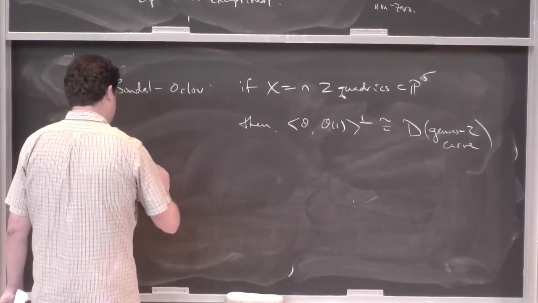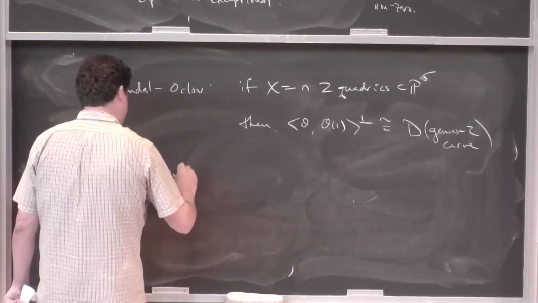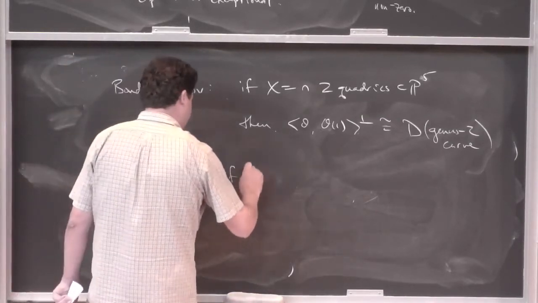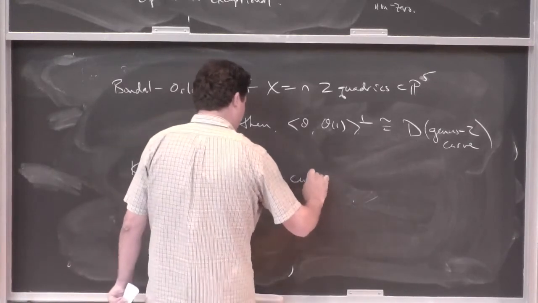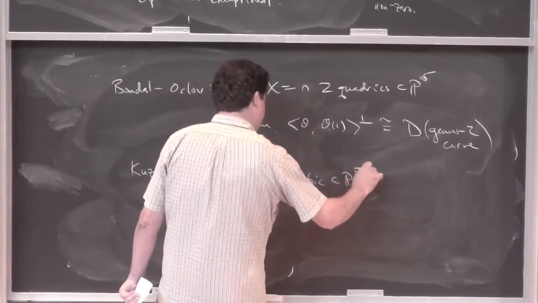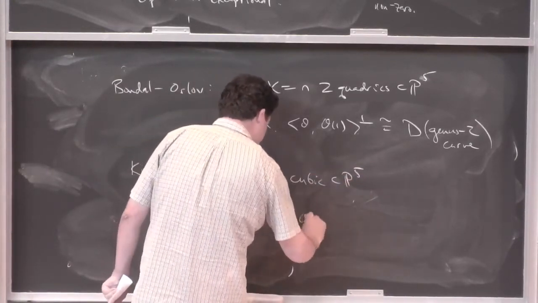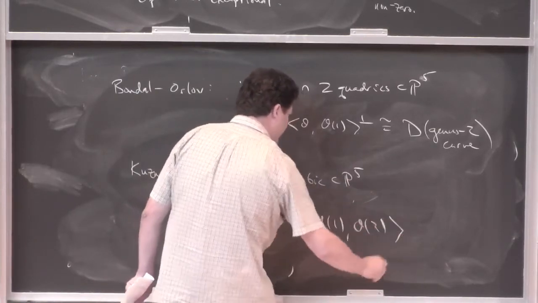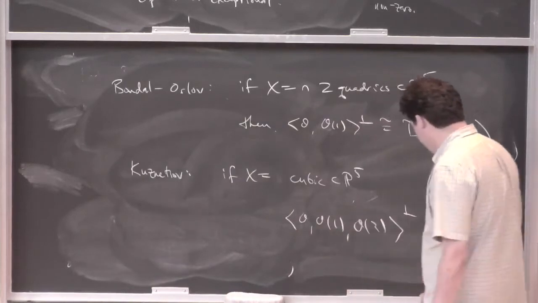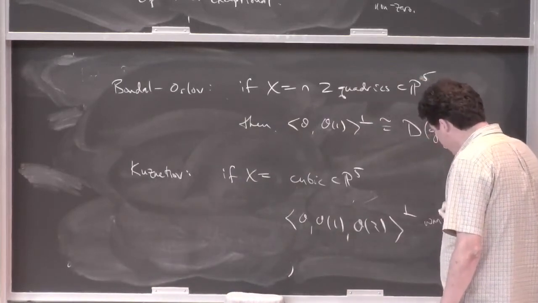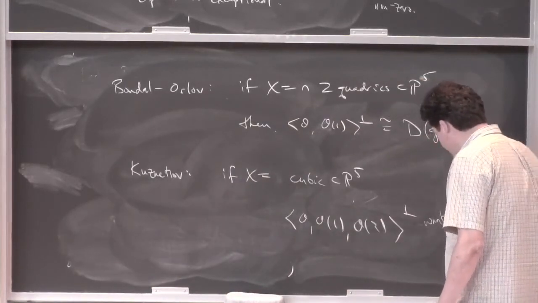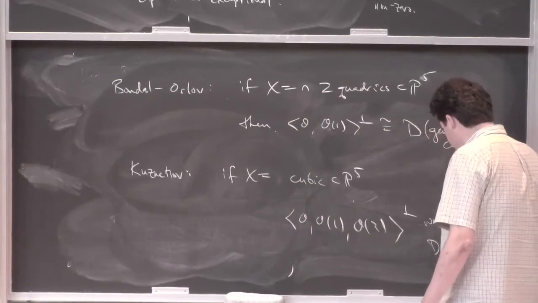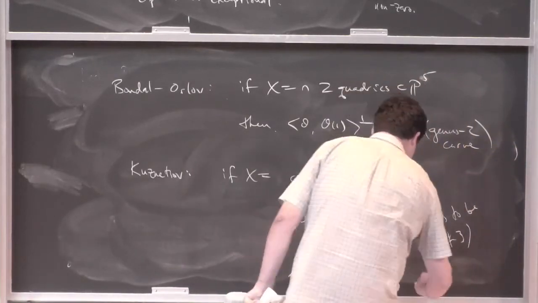Kuznetsov: if X is a cubic fourfold, take as many line bundles as you can and look orthogonal to this. It wants to be the derived category of a K3 surface, and it only sometimes is.